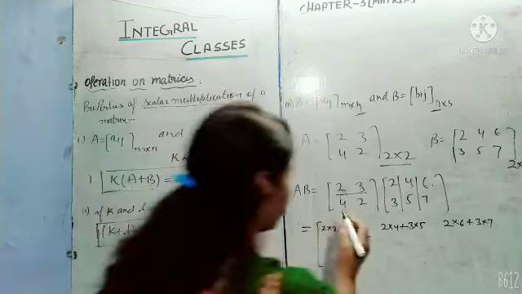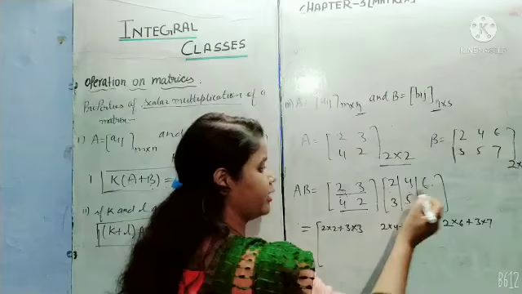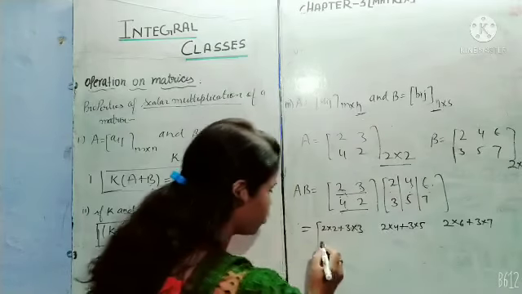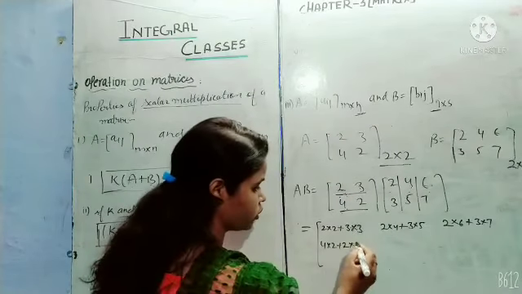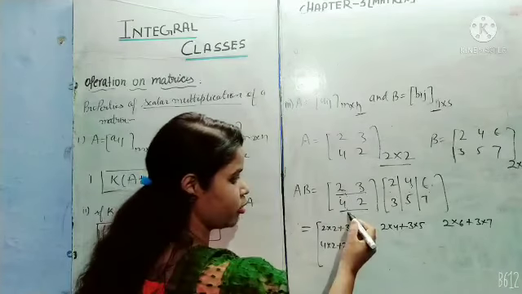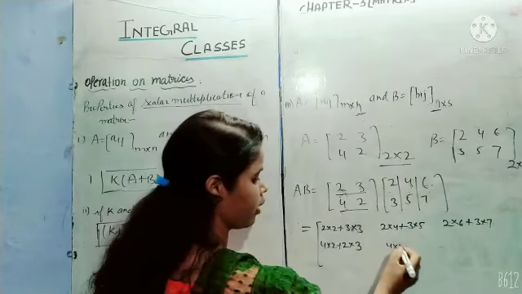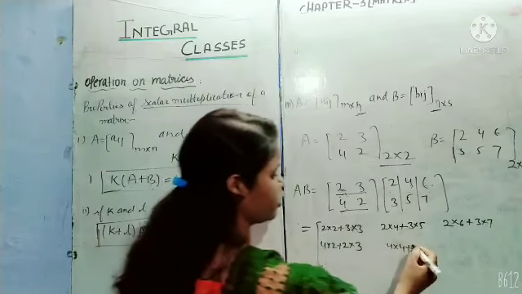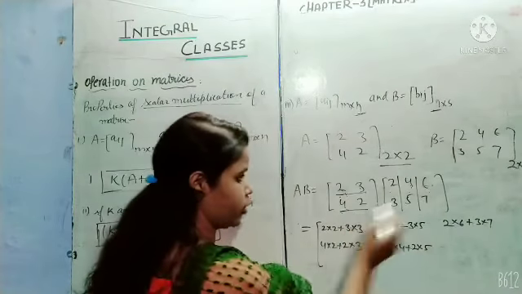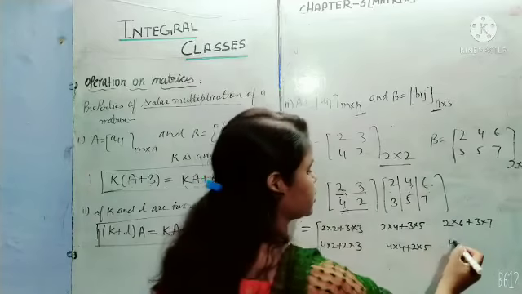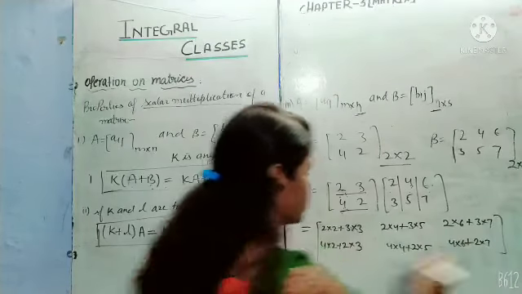Now we will multiply the second row by the first column, then the second and third. So 4 into 2 plus 2 into 3. Again the second row by the second column, 4 into 4 plus 2 into 5. Again the second row by the third column, 4 into 6 plus 2 into 7.